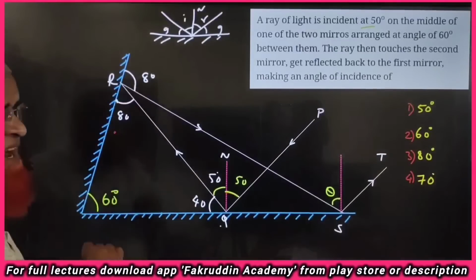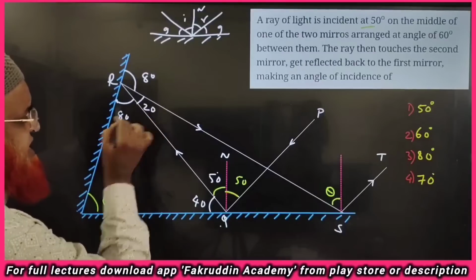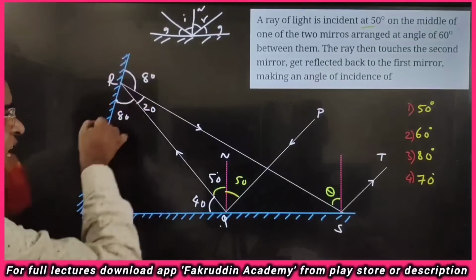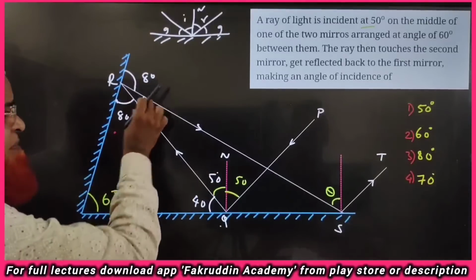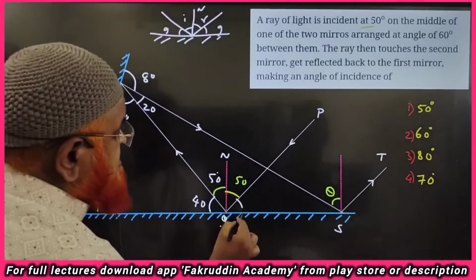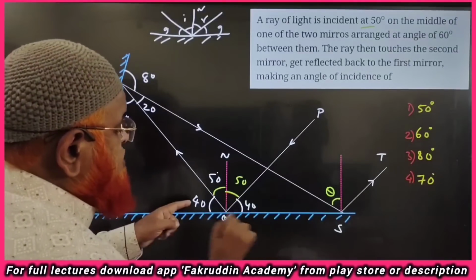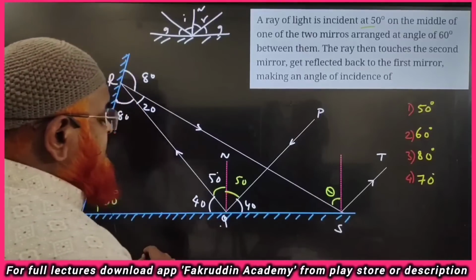So 80 plus 80 is 160. But the remaining one is going to be 20 degrees, because completely it should be 180. So 80 plus 80 is 160 means the remaining is 20. So this is 40 means this is also going to be 40. These two are said to be glancing angles.